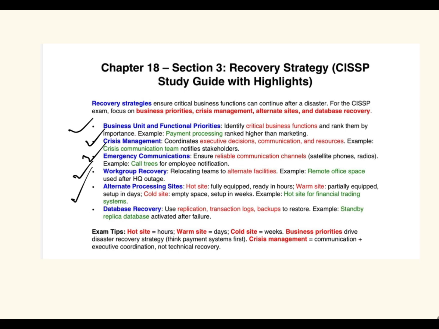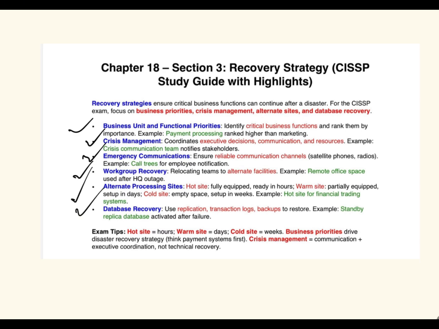So we can switch to a hot site within hours, very quickly. Warm site, we can switch in days, and cold site might take weeks. Now disaster recovery. Database recovery is used to restore critical data after a failure.